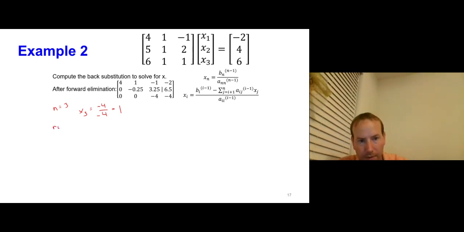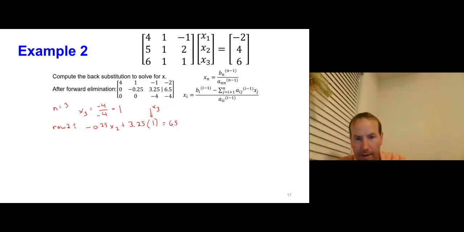Now we're going to go back to row 2, and that equation says negative 0.25 x2 plus 3.25, and this is where we plug in our x3, which is 1, equals 6.5.